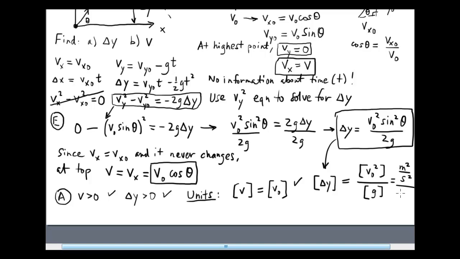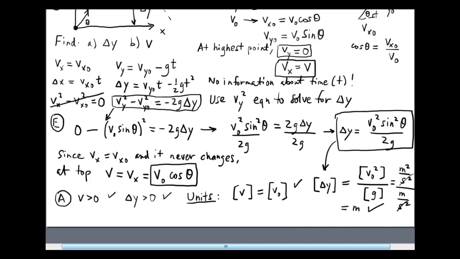The denominator is meters per second squared, and I can see that the second squared terms cancel out, and I'm left with meters squared over meters, which is just meters, right? So this tells me that delta y is going to end up with units of meters according to my answer, and that's as it should be. That checks out too. So the problem is finished.